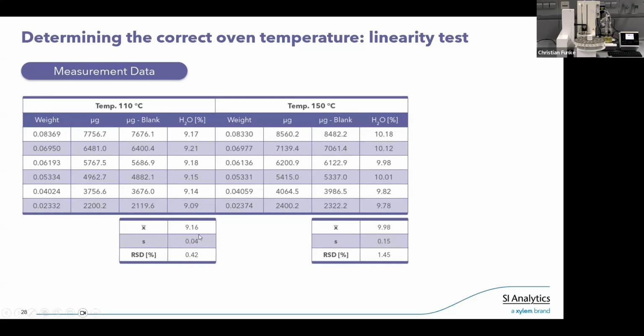At 110 degrees, we got a mean value of 9.16% with a very good RSD of 0.4. And at 150, we detect more water, nearly 10%, with a higher RSD of 1.5%.